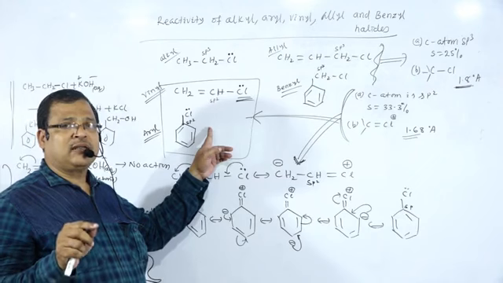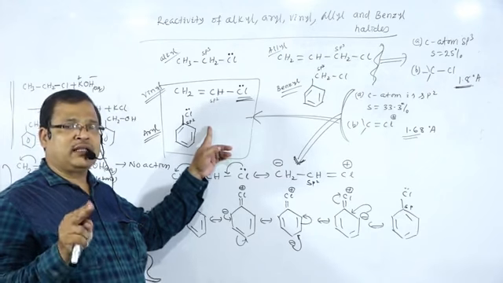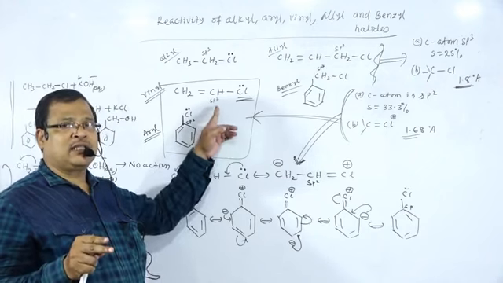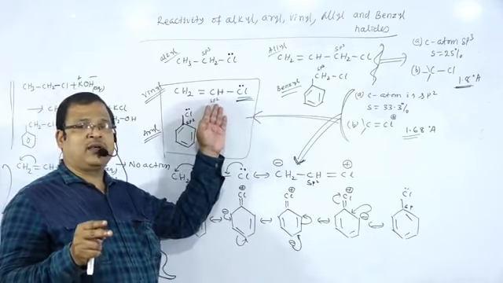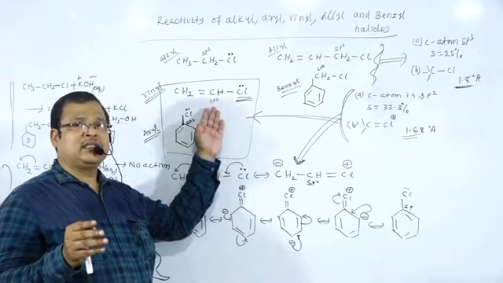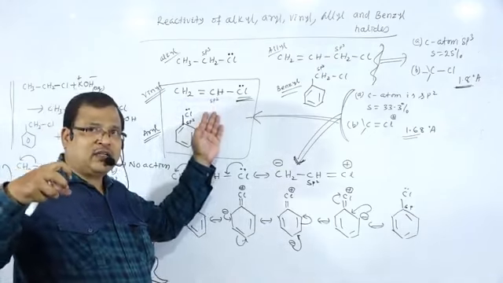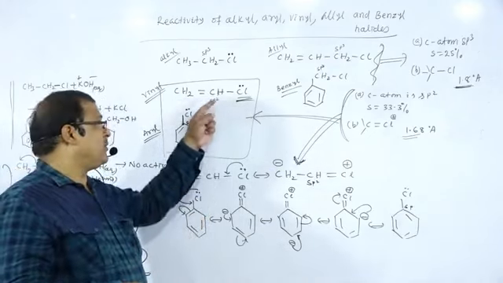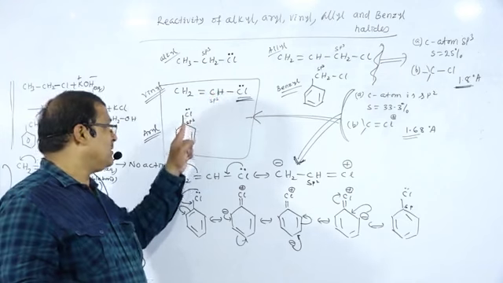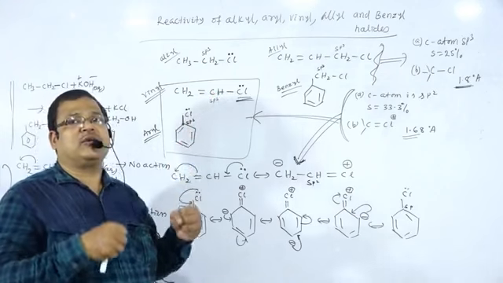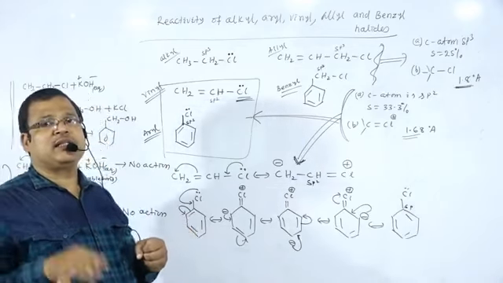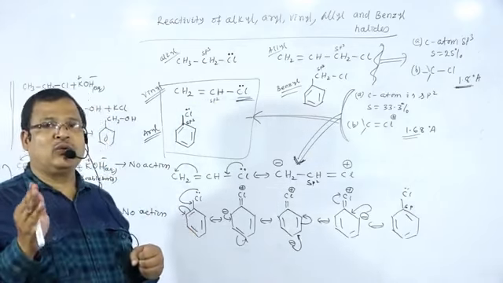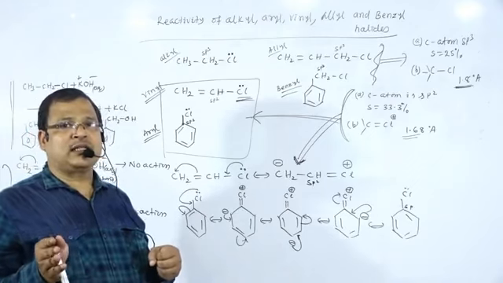The s character is 33.3%, meaning more penetration power towards the nucleus, so the carbon-chlorine bond is strengthened and the chlorine atom cannot be easily replaced by nucleophiles like OH or NH2.